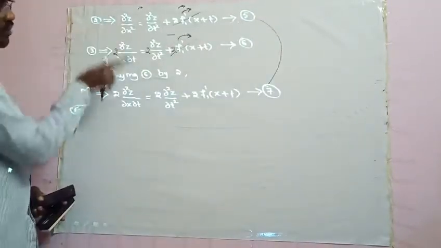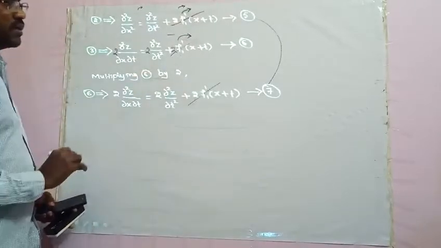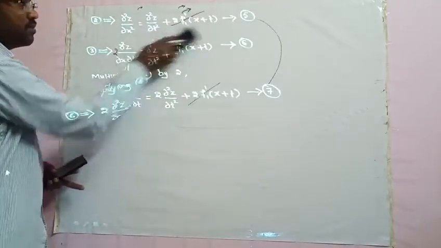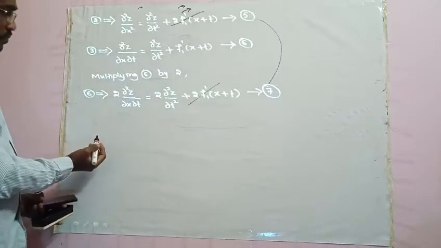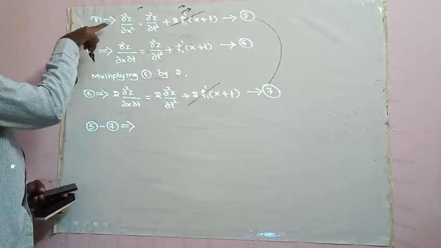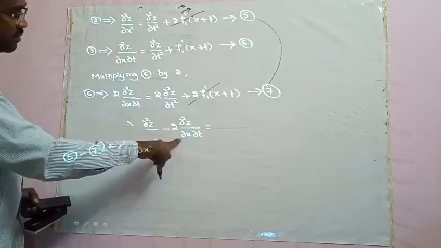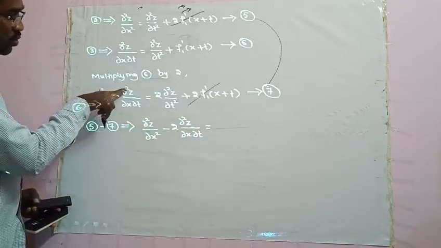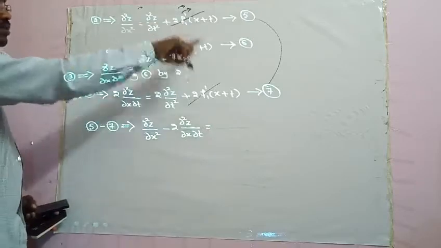If you subtract 5 and 7, this term and this term will get cancelled. Let us see what operation we are going to do. Equation 5 minus 7, if you do, dou square z by dou x square minus 2 times dou square z by dou x dou t is equal to, in the RHS, these two will get cancelled.